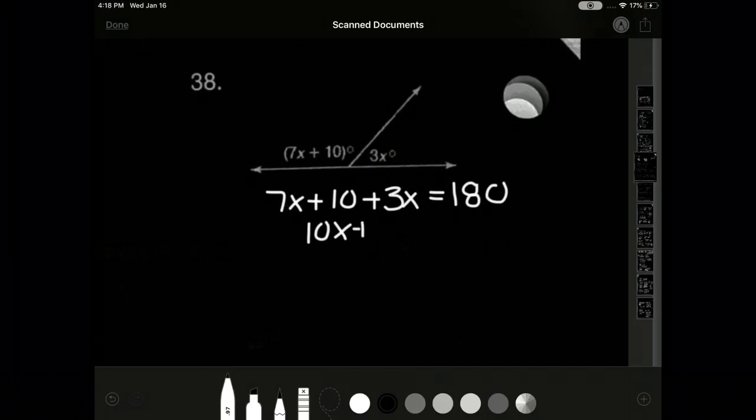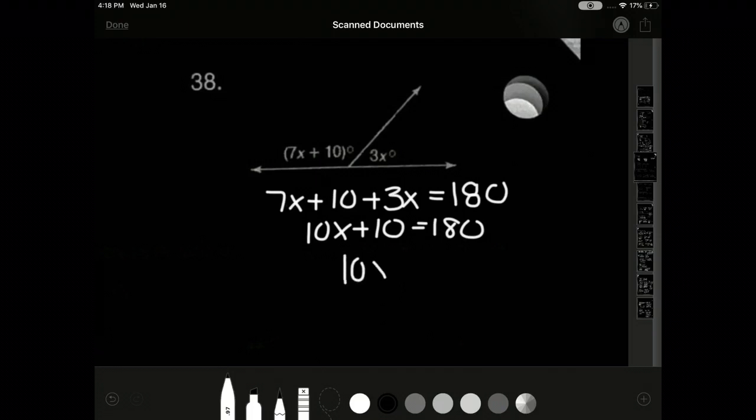So we get 10x plus 10 equals 180. When you subtract 10, you get 10x equals 170. And when you divide by 10, x equals 17.